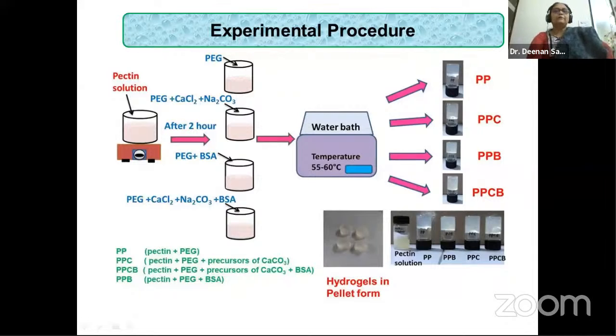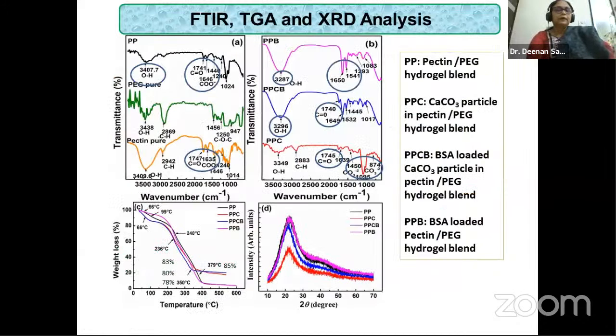Coming to the FTIR characterization, in PPB this region shows that a protein is present, the amide 1 and amide 2 bands. In PPCB the protein is also there, and the carbonate is also there, meaning calcium carbonate and BSA are both present, and in PPC only calcium carbonate is there.